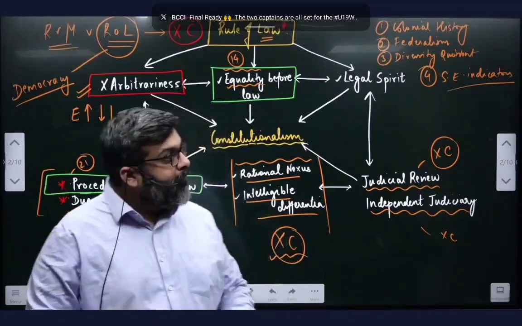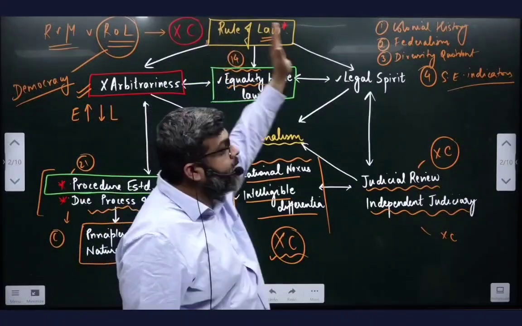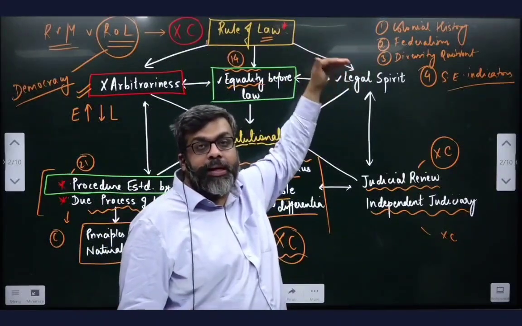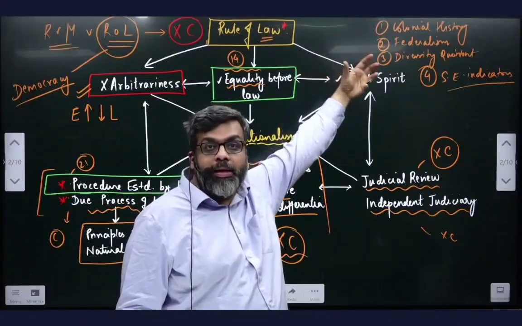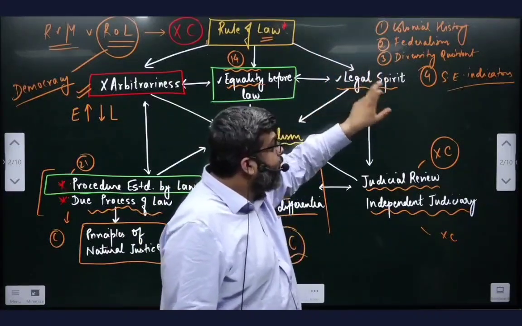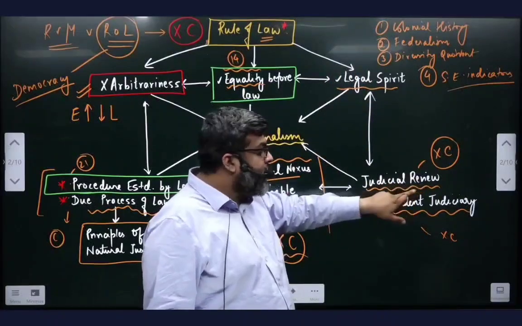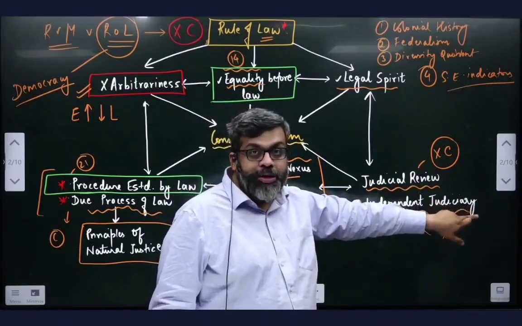So yet again, for there to be rule of law, you should be able to question anything which is taking away your legal rights, and that's called legal spirit. And for you to be able to do that, you should have judicial review and an independent judiciary.